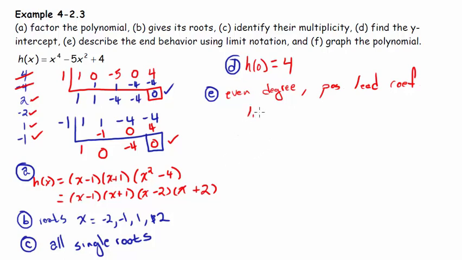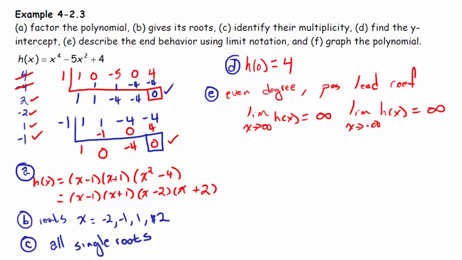So we have that the limit as x approaches infinity of h of x, when I go to the right, I'm going up, so that would be positive infinity. And then the limit as I go to the left is also going up, positive infinity again.